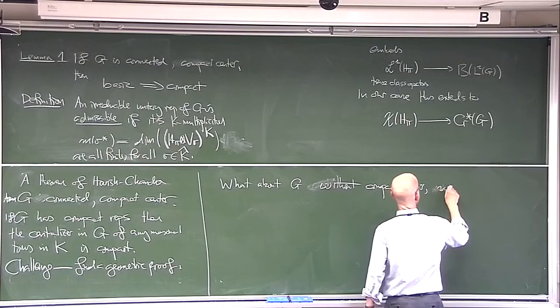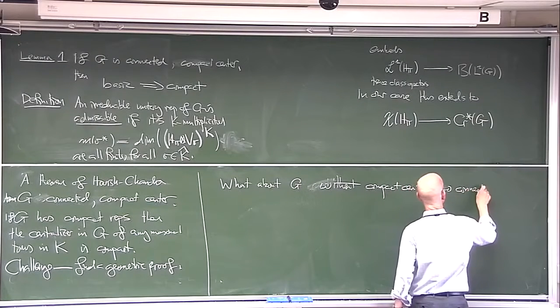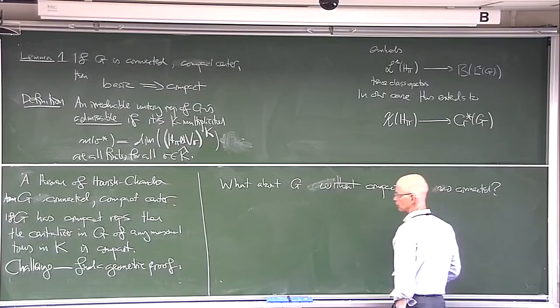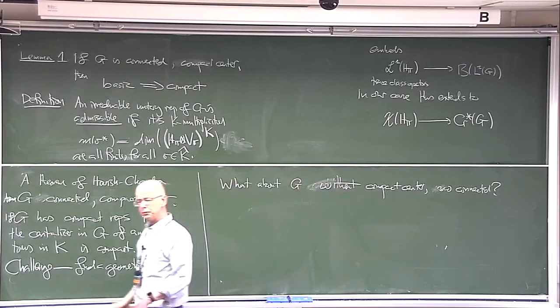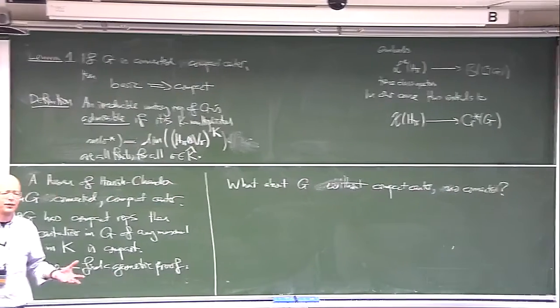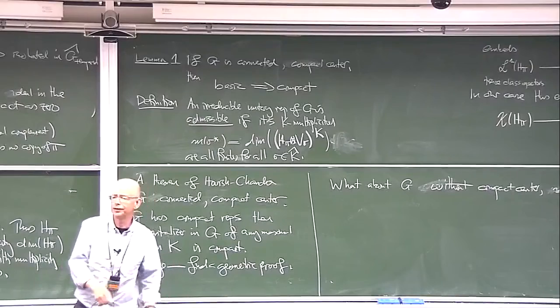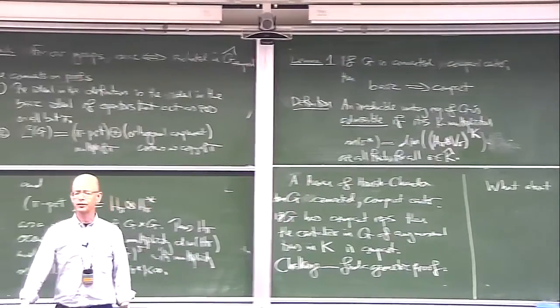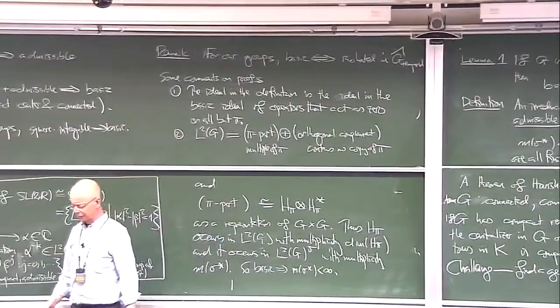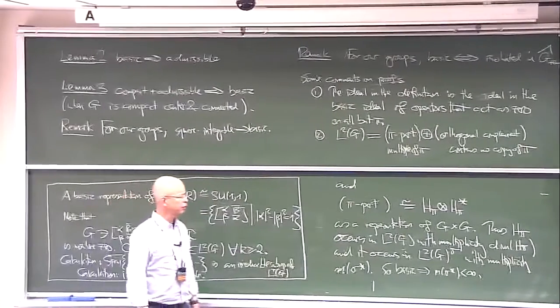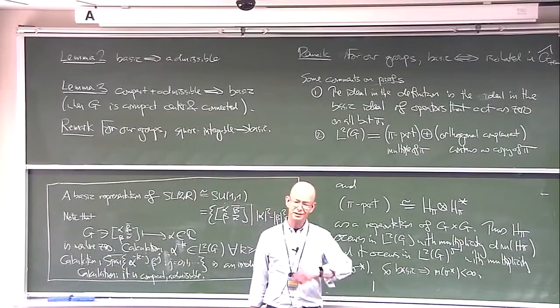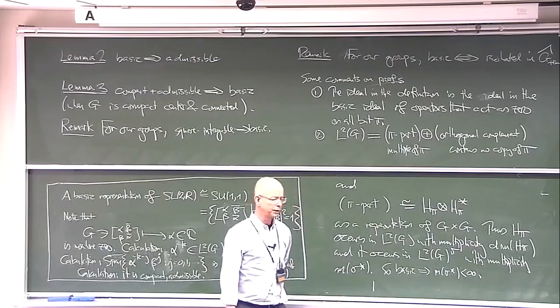Or maybe a group which is not connected, also like GLNR. What happens if you're dealing with these groups and you want to break up the representation theory into two parts, some sort of basic representations, and then the representations associated to L2 of G mod n? How should you do that? What's the correct notion of basic representations? It's different from the notion we had before.